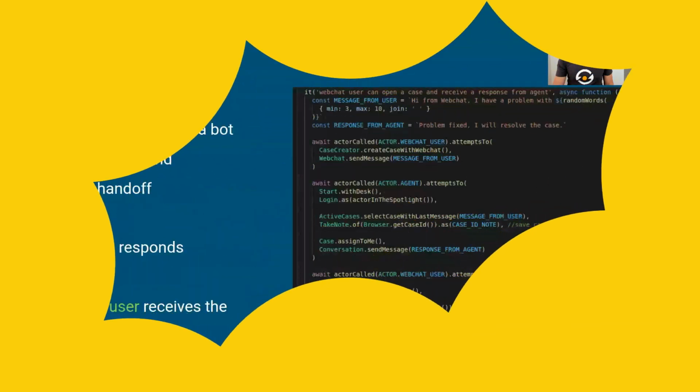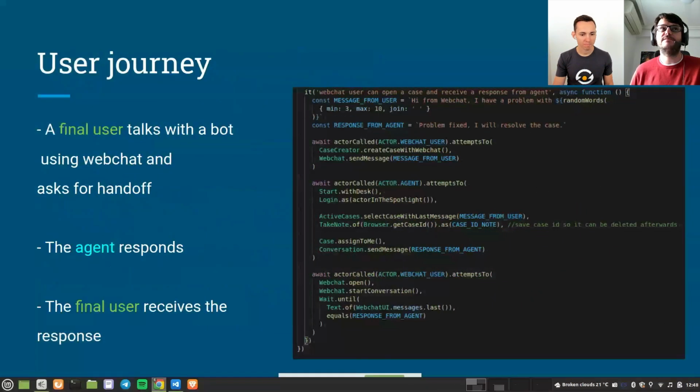We'll see our user journey. Just imagine in our case that we are a final user, using a web chat, which is our chat that can be integrated in any web page that you want. So it's kind of the simplest case, and as a user you can communicate with a bot.